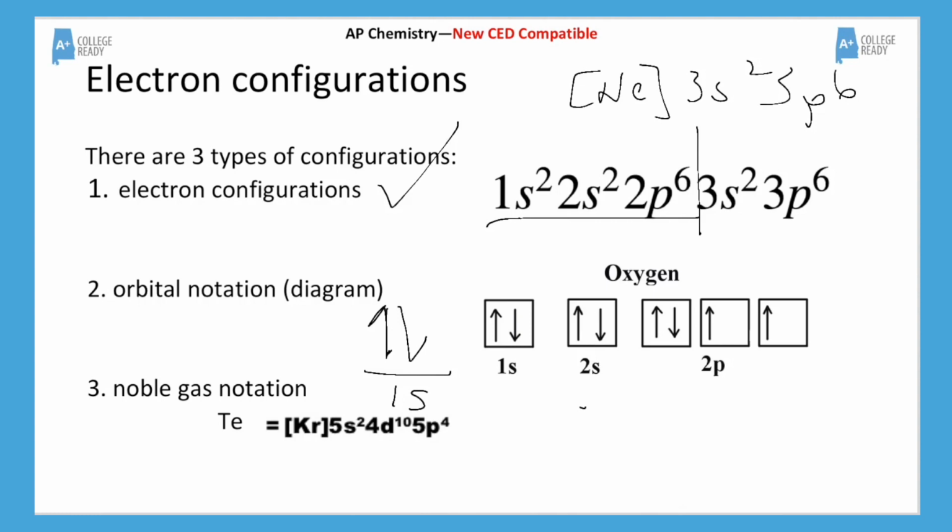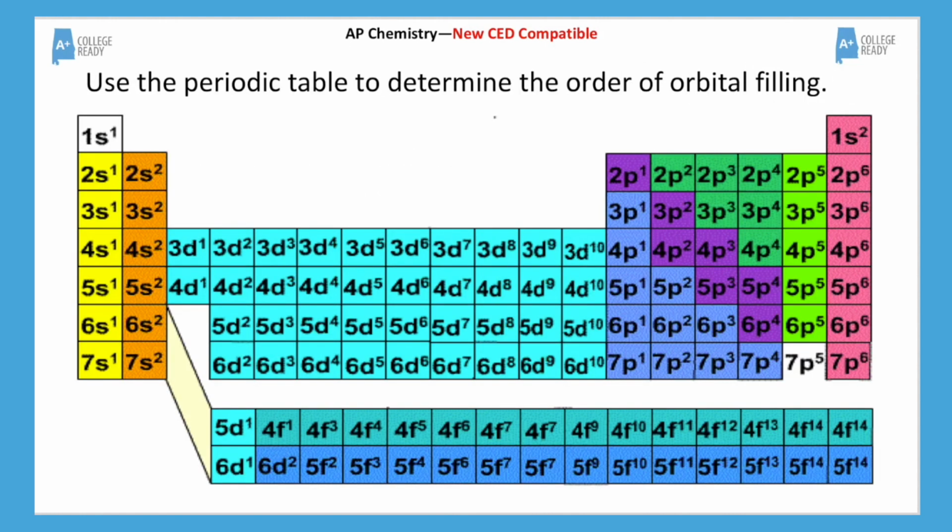So it's just not having to write the beginning of the electron configuration. Using the periodic table is the way I do it. I know some people use what we call an Aufbau diagram, and it shows you the filling order as well, but if you can use the periodic table, it does really help.